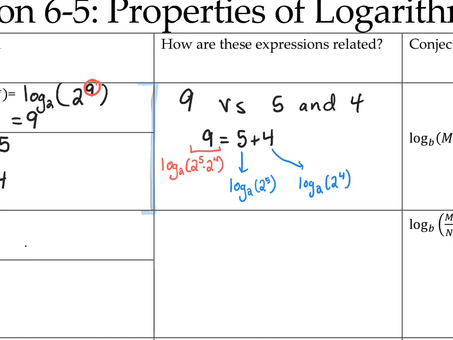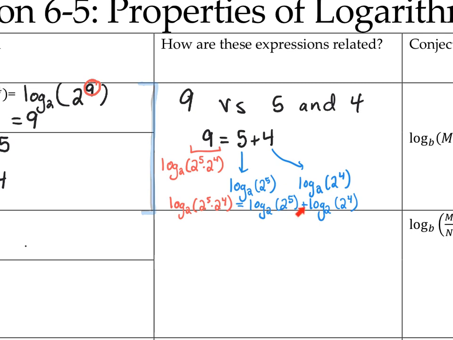So basically what we've just said is log base 2 of 2 to the 5th times 2 to the 4th is the same as log base 2 of 2 to the 5th plus log base 2 of 2 to the 4th. So notice that multiplication symbol on the left expanded to an addition sign on the right.